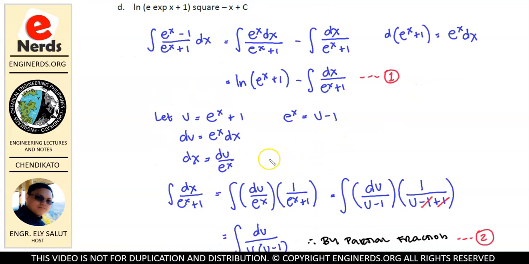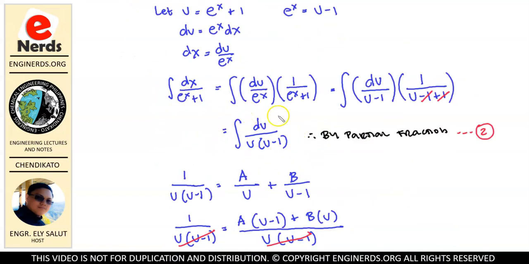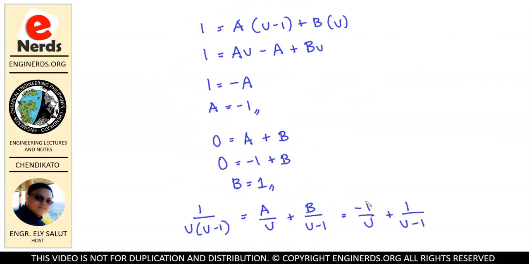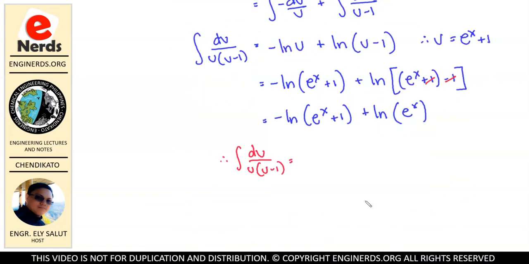As you can see here, we already substituted and got the value of this, and that is equal to the integral of dx over e to the x plus 1.